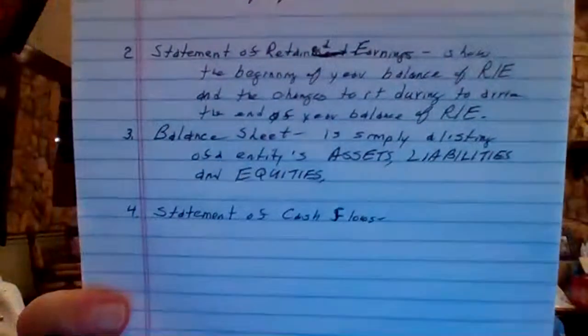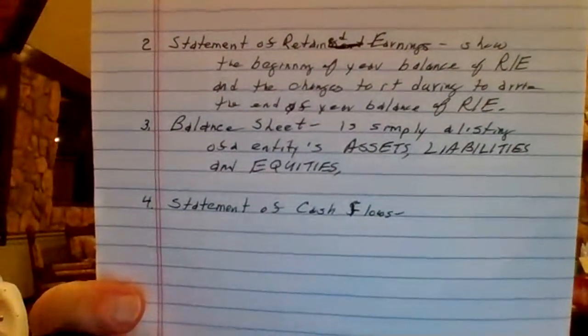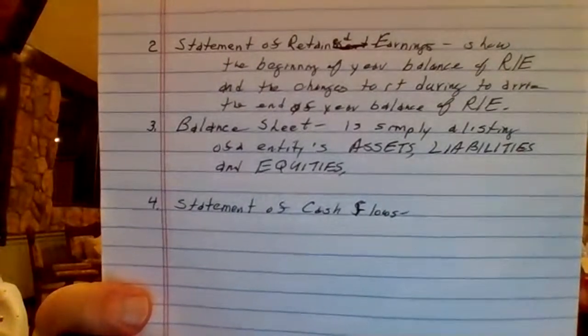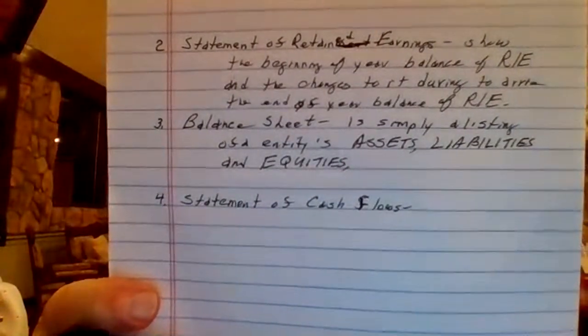Yeah, it might sound familiar. So there it is, the definition. Balance sheet is a listing of a business entity's assets, liabilities, and equities. Yeah, it looks like the accounting equation. That's what it is. Assets equal liabilities plus equity.